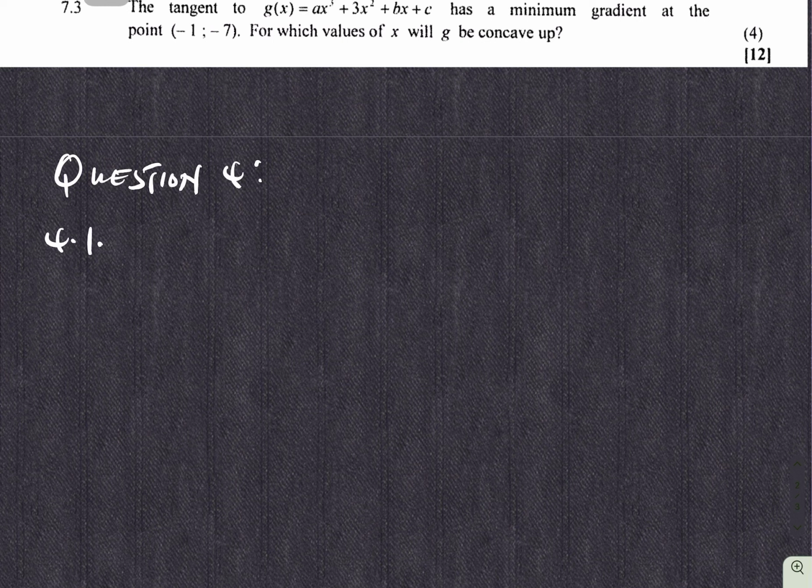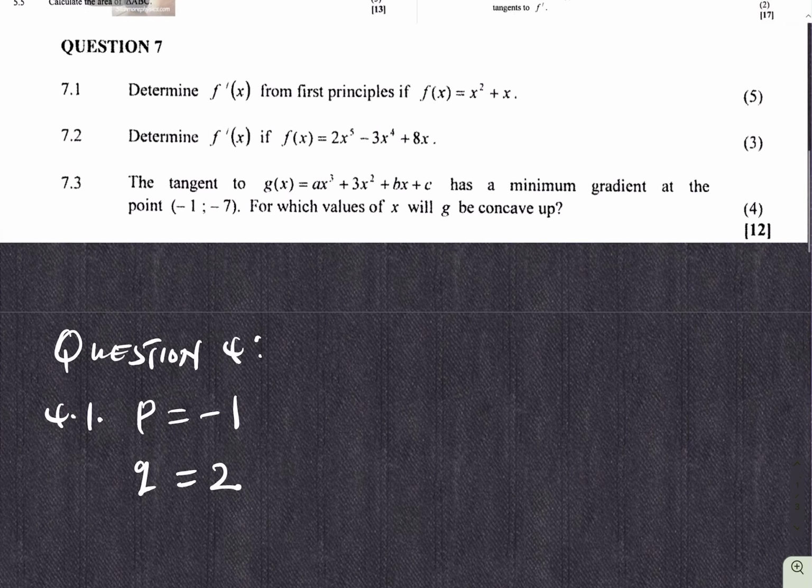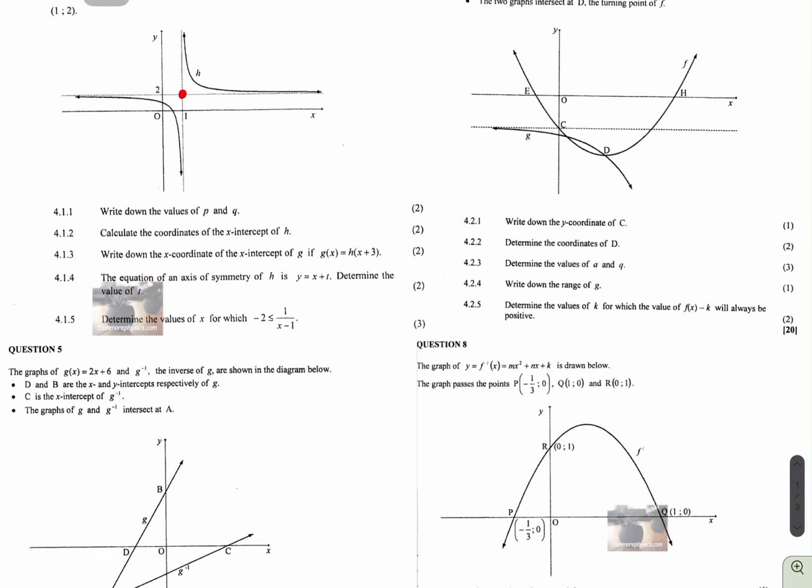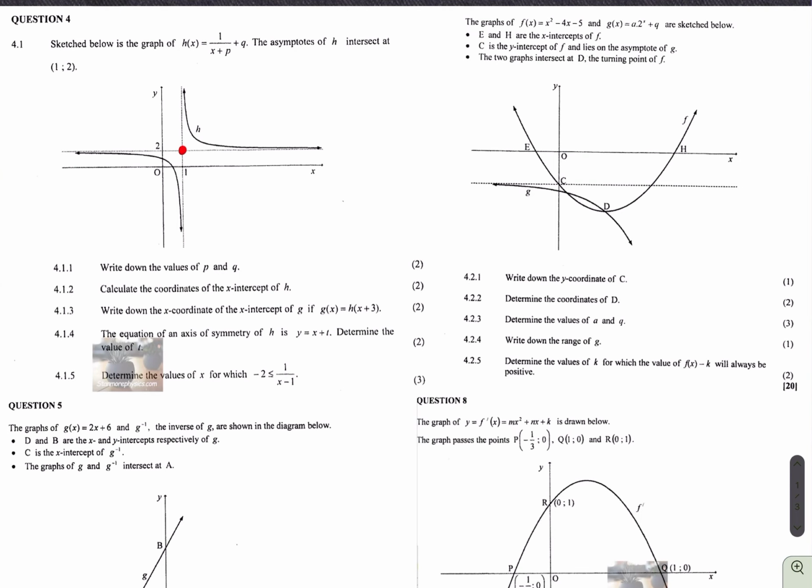We have a 4.1, that means P is equal to -1 and Q is equal to +2. It's the graph of the hyperbola moved from the origin upwards by 2 units and to the right by 1 unit. It becomes negative.